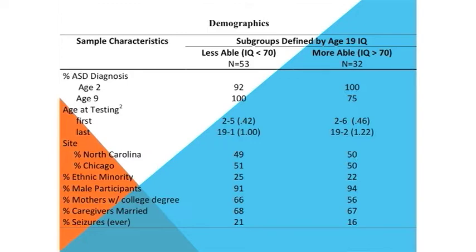We didn't have big age effects. We didn't have effects of North Carolina versus Chicago. We didn't have effects of ethnicity. We didn't have actually very large effects or not a significant effect of seizures. So these are just showing you lack of differences.